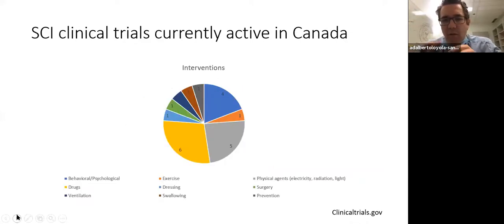So then, dissecting these clinical trials, remember one of the three elements that I described before: what are they testing? In this case, which types of interventions? You can see these trials here, and these are based on the trials in Canada.